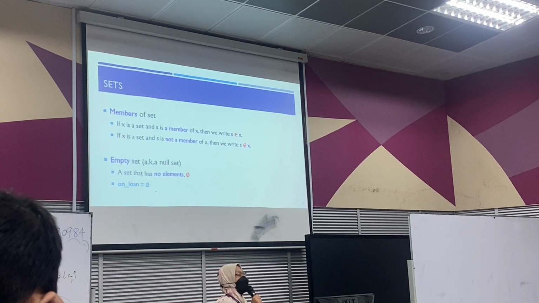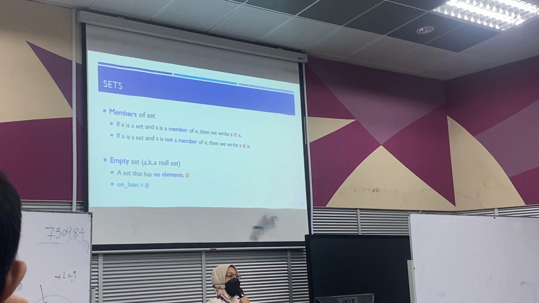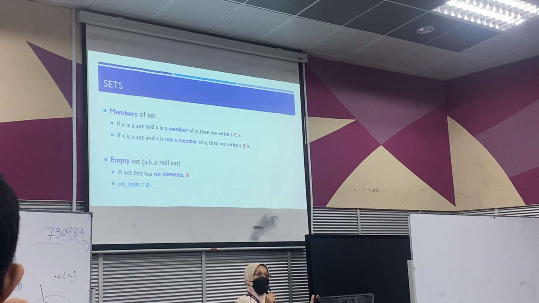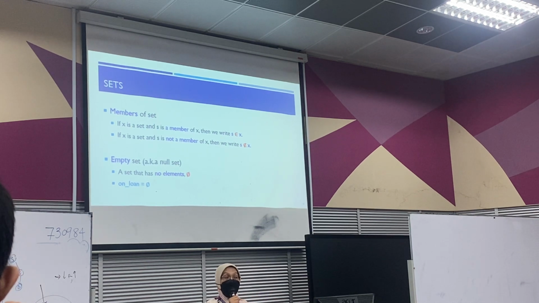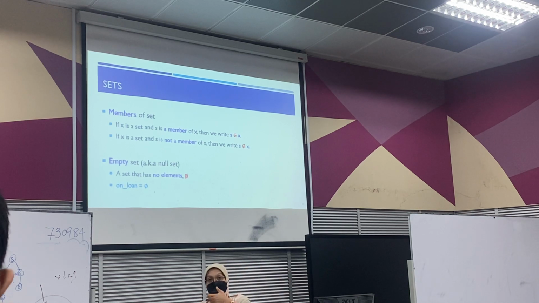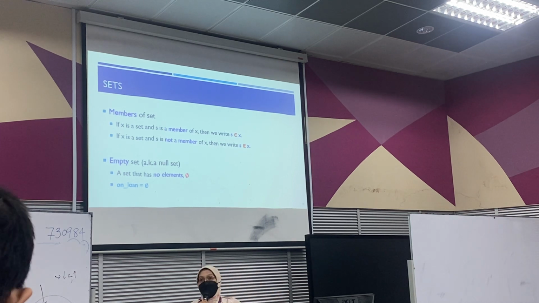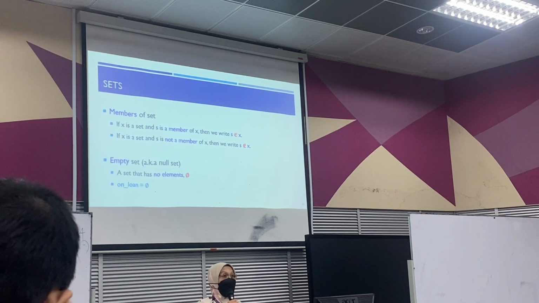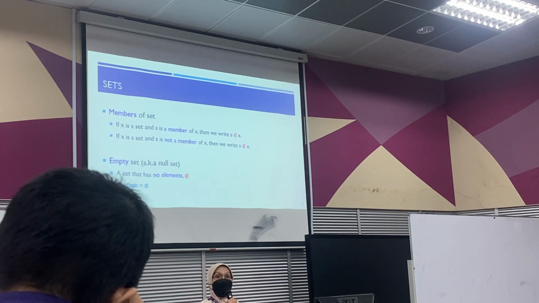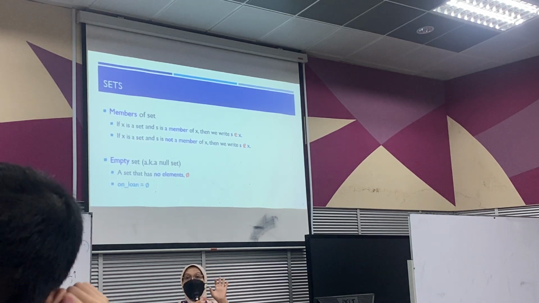Assuming that you have 50 customers in your database, then there is one customer name in your system that you want to add to your database. So first thing is, when you want to add the customer into the database, you have to check whether the customer name already exists or not in the database. Because remember, this is a set.